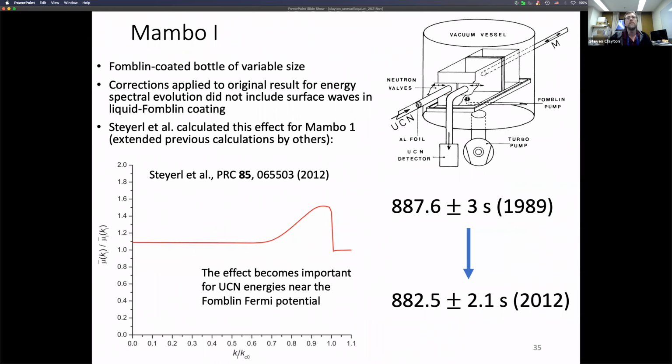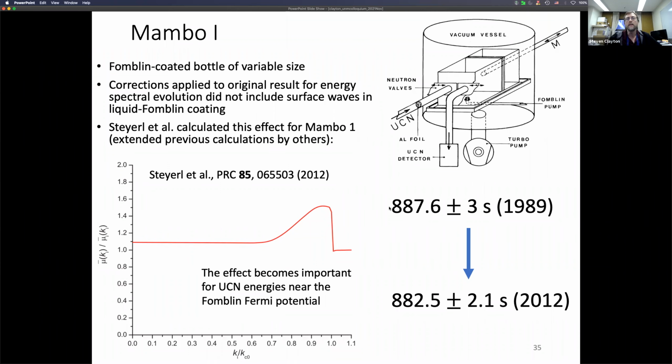So there was one problem with that Mambo 1 experiment that I just showed, is that they had a more interesting loss on the wall than they originally expected. And so published in 2012, Starro calculated that due to this kind of anomalous wall loss rate here I'm plotting versus the incident energy to the wall, this loss rate, they have to account for this bump.